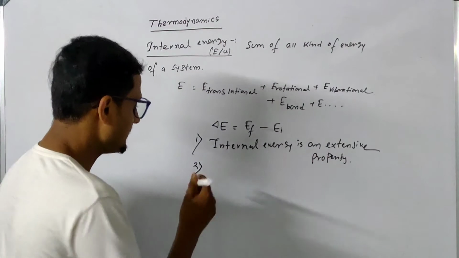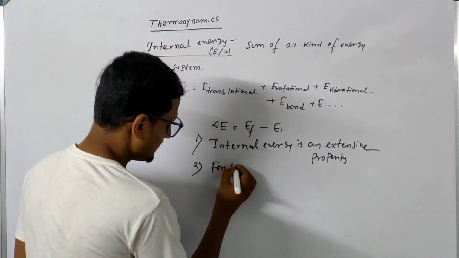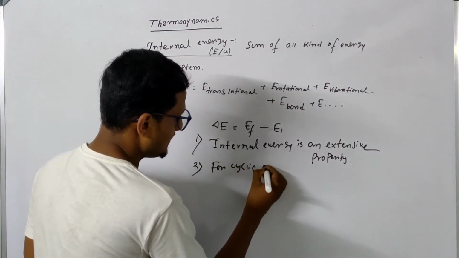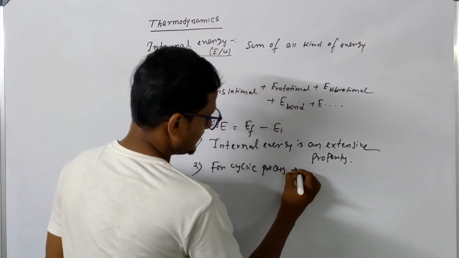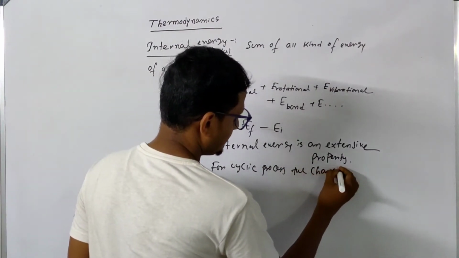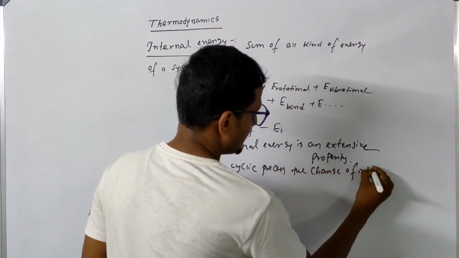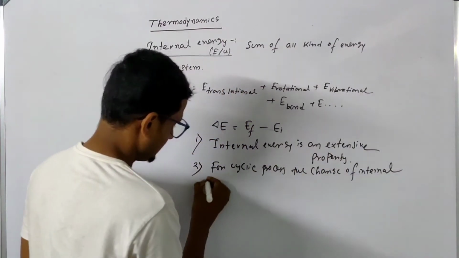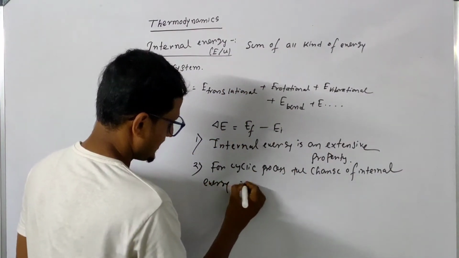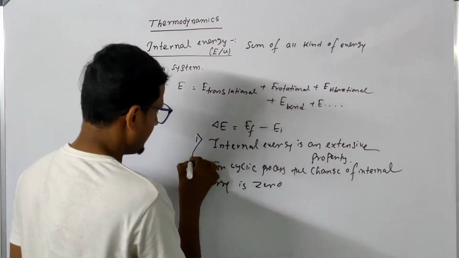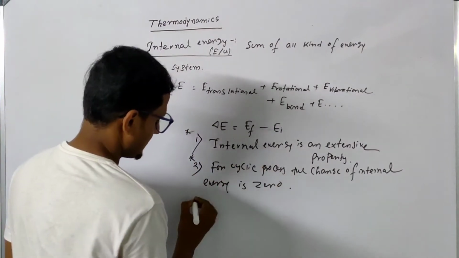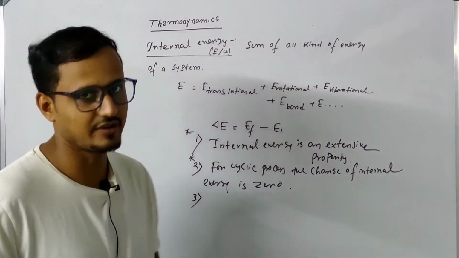For a cyclic process the change of internal energy is 0. These two points are very important.